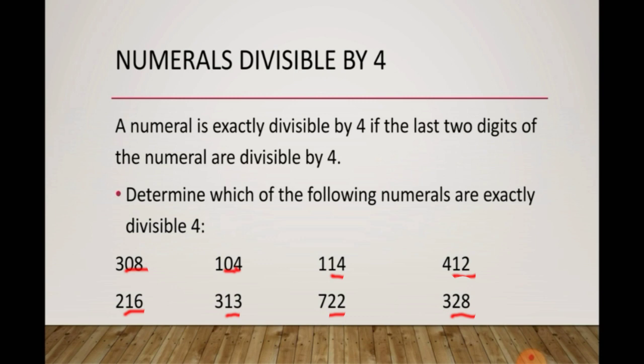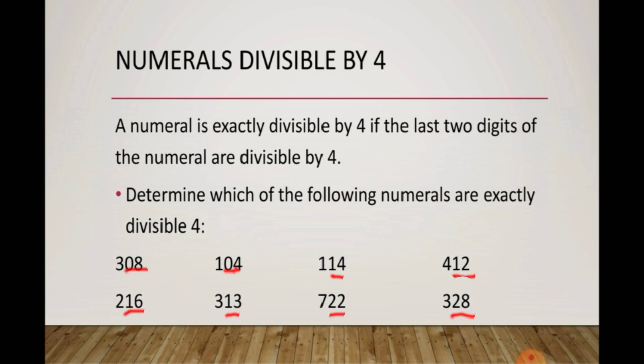So 308 is exactly divisible by 4. In 216, the last two digits 16 are divisible by 4. So 216 is exactly divisible by 4. In 104, the last two digits 04 are divisible by 4. So 104 is exactly divisible by 4.